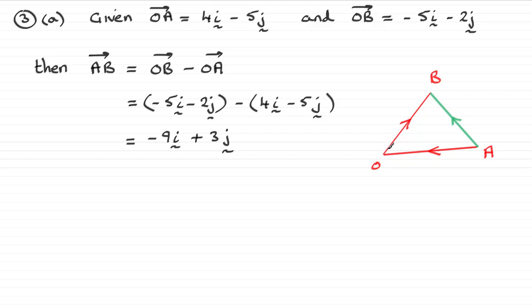So if we've got to work out the vector A to B, then in the usual way, going from A to B is going back down from A to O and then O to B. So you can look at this as minus O to A, because going the opposite direction, plus O to B. Standard result, O to B minus O to A. So all I've done is subtract those two vectors from one another, and you get this result, minus 9i plus 3j.